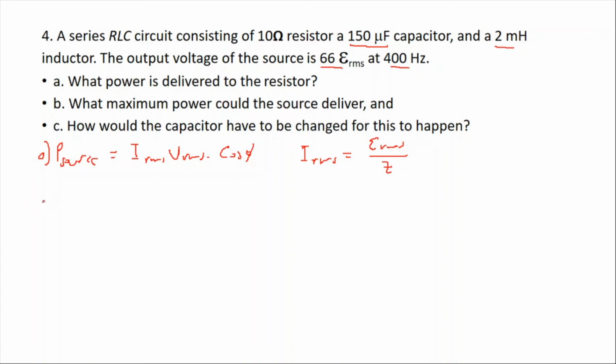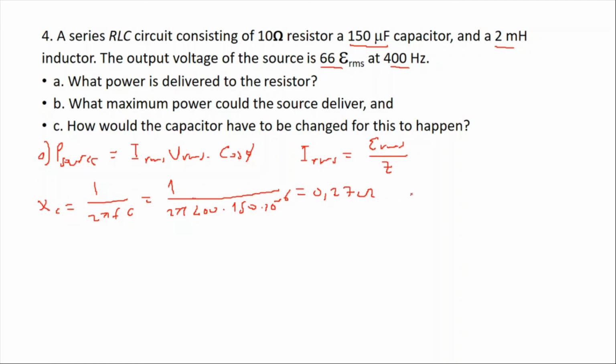The capacitive reactance XC will be equal to 1 over 2 pi FC, which is 1 over 2 pi times 400 times 150 times 10 to the negative 6 farad. In calculating, we will get 0.27 ohm for the capacitive reactance.